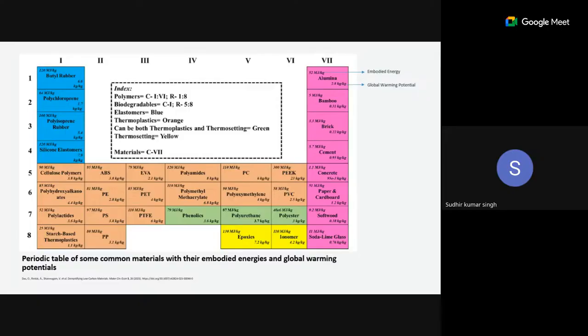Similarly, if I go to the 7th column, the mineral based material, they are giving me exclusive options, there is no choice. So in that particular option, I will have to do something to bring down that GWP or the embodied energy value of this particular material. Right? So isn't it interesting?